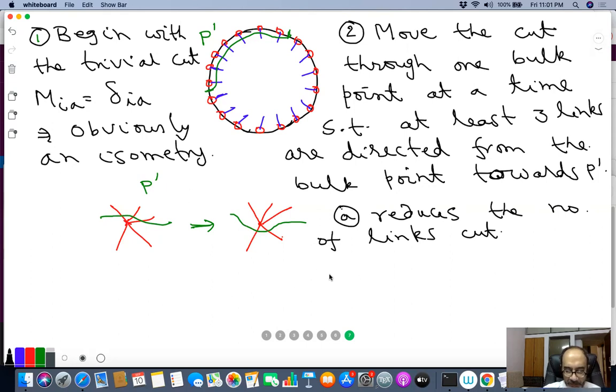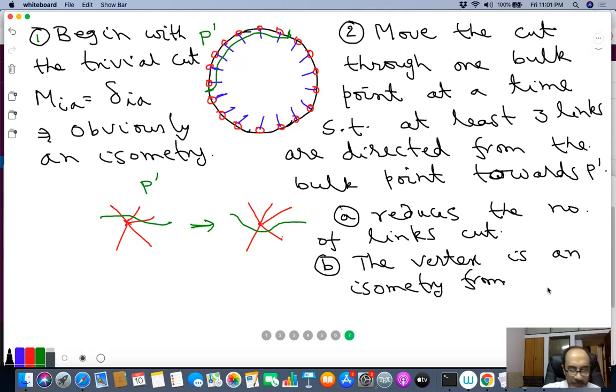The second property, which is important, is that the vertex is an isometry from the bulk towards P prime. Why?